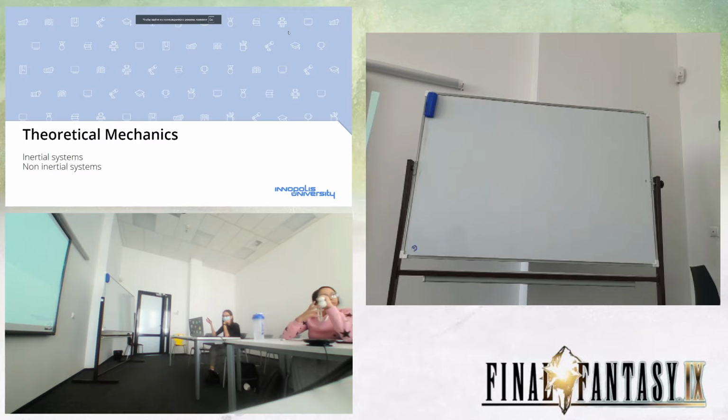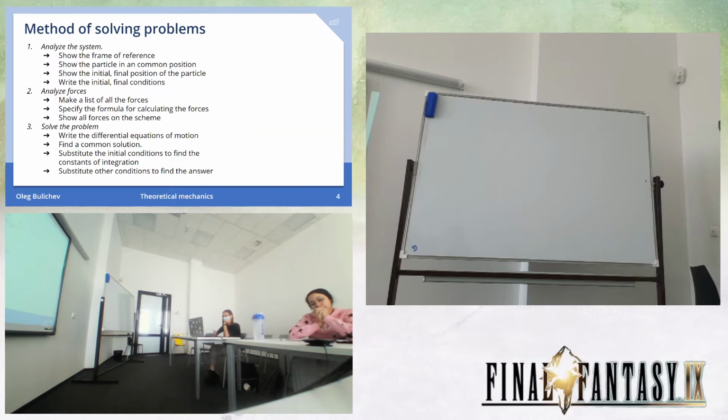So, about dynamics. Today we are covering what inertial systems and non-inertial systems mean. Manifold problems. Actually, in the algorithm, we will discuss it when we start to solve the task. Because we have three big parts: analyze the system, analyze forces, and solve the problem.